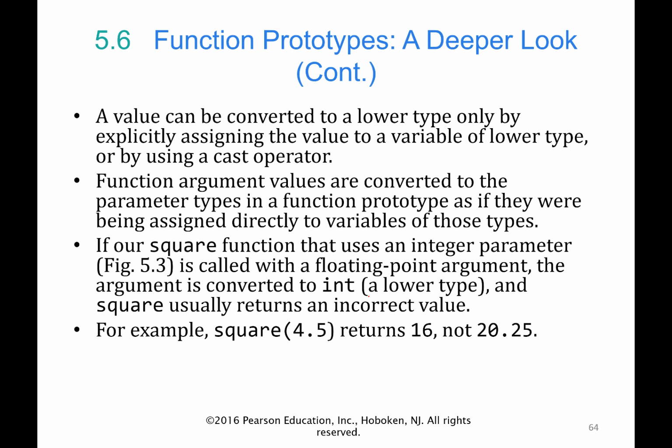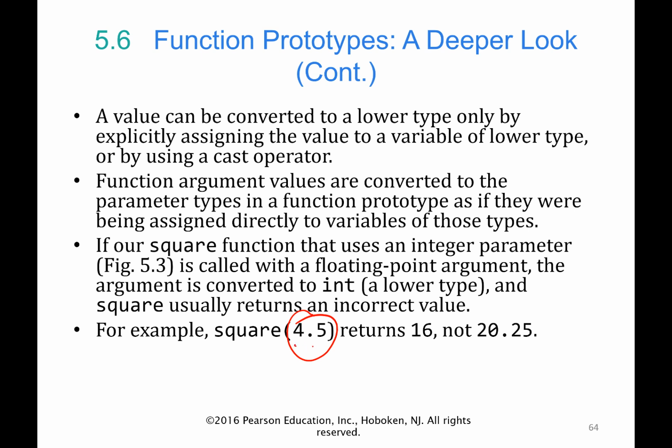In our particular case, we declared square as receiving an int, and we pass a floating point, so it just truncates it. When we wrote square, it received an int and returned an int. That's going back to the program much earlier in the class.